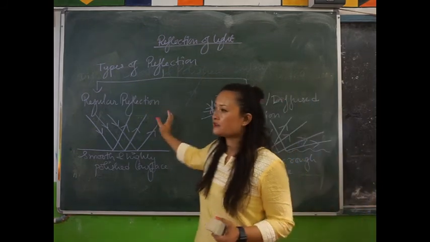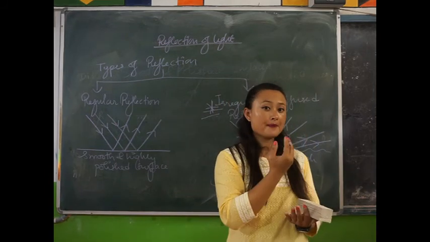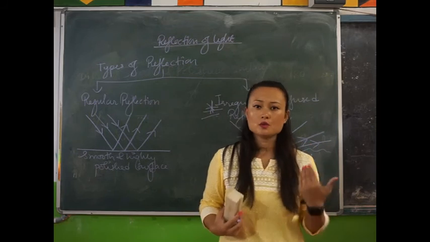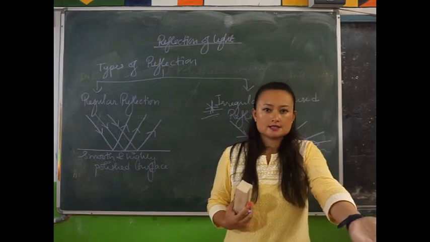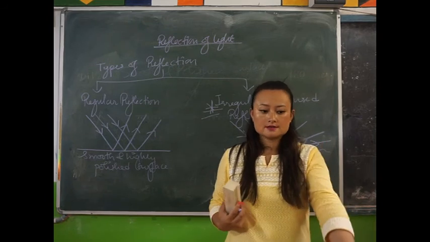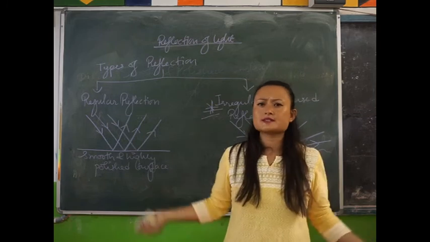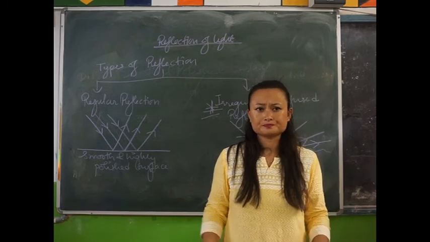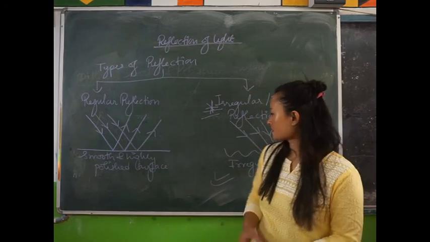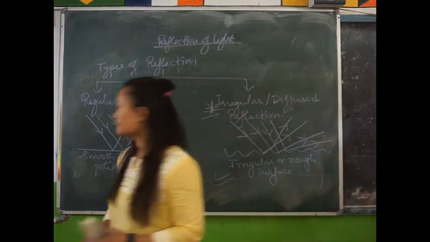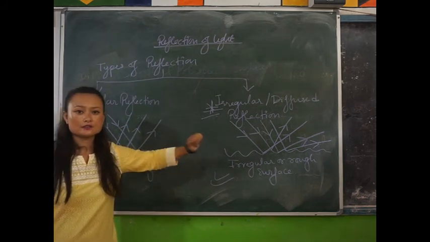If it was regular reflection, the light would just fall on the table and come back, and if I'm not on the path of the reflected ray, I would not have seen it. But since it reflects back in all directions, I can see everything present in the classroom, or anything that is present outside. So this is the major difference between regular and irregular reflection.